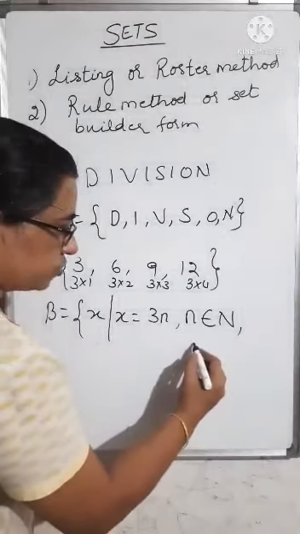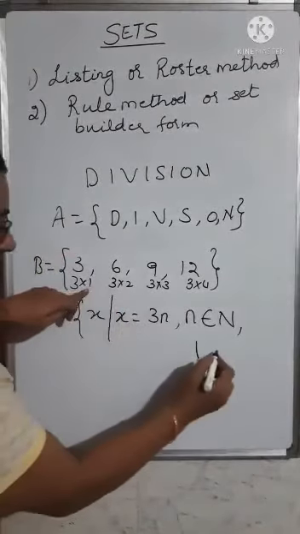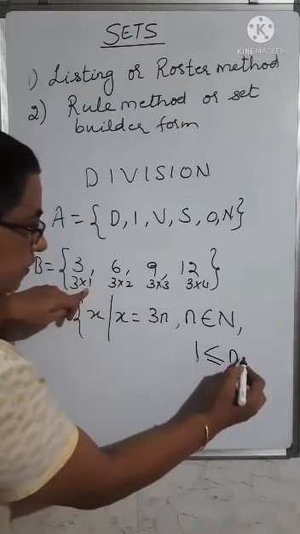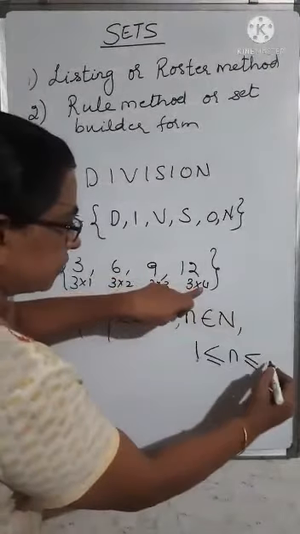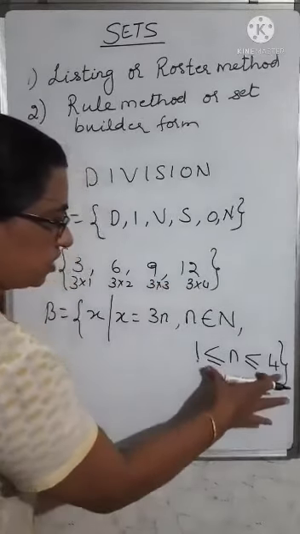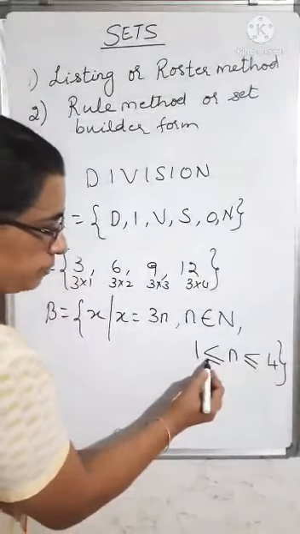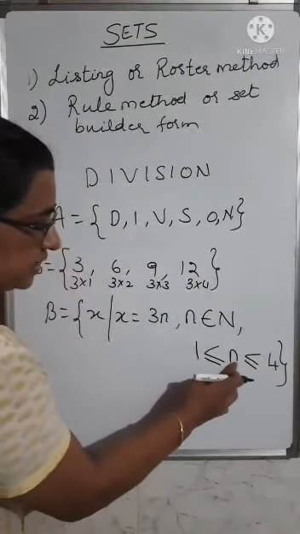So you write further, 1, that is the first number, 1 is less than or equal to n, less than or equal to, what is the last number you have got? It is equal to 4. So you have to write from where to where the numbers are taken.